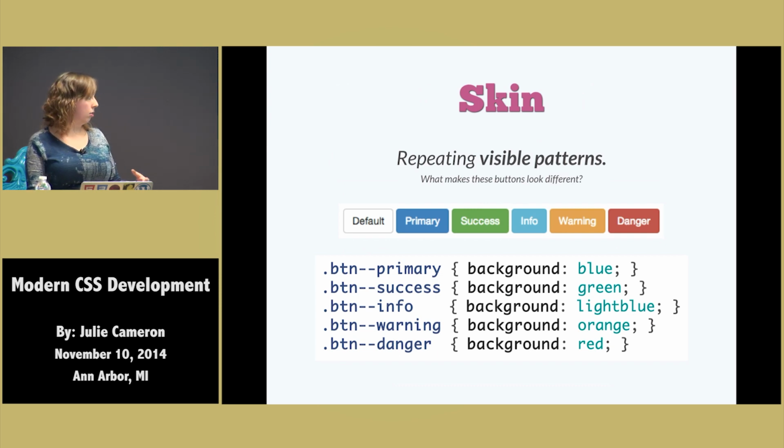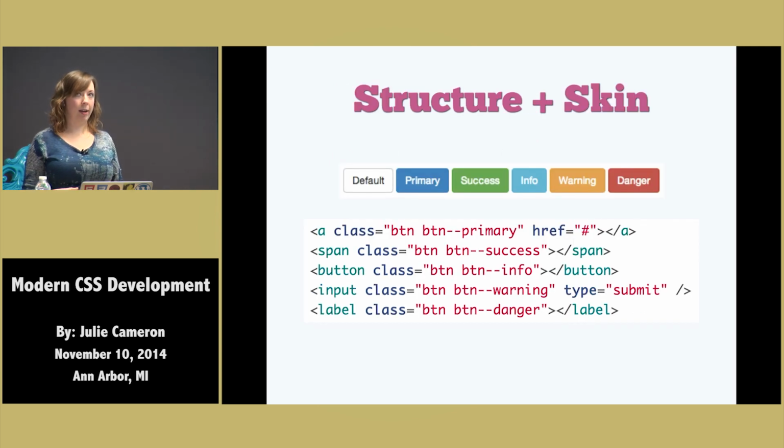So when we put these structure classes and these skin classes together, we should be able to style just about any single element to make it look like a button. In this case, we've got an anchor, a span, a button, a submit input, a label. By applying the button structure class and the button skin class, we can make all of those different things look like buttons.